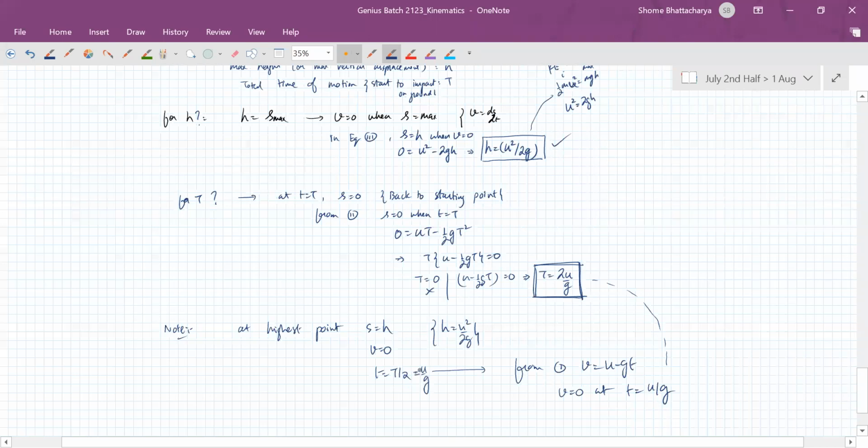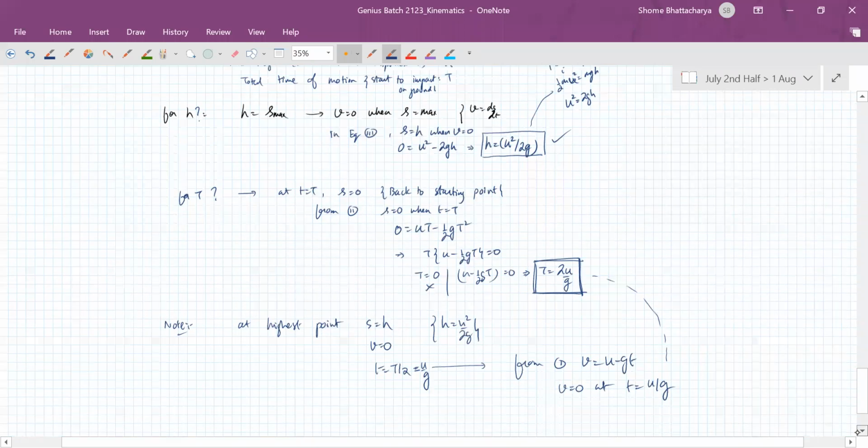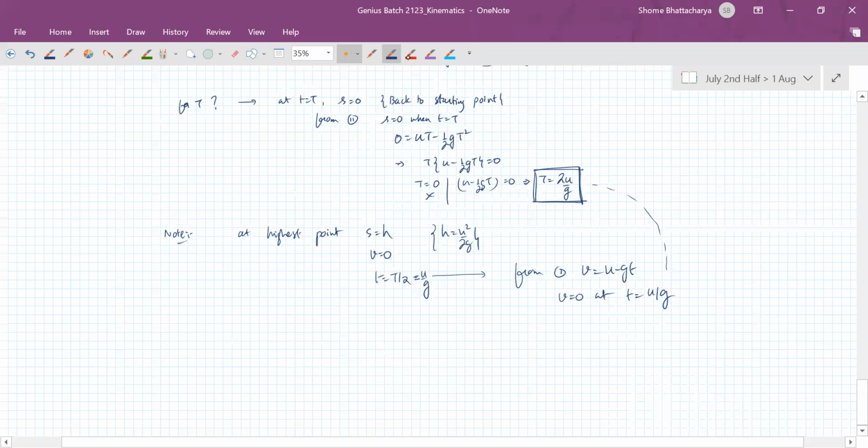So this is also an easy way to remember the total time of flight, because from this equation you can see the velocity is becoming 0 at u by g. So that's the time taken to go up. Now the time taken to come down will be the same, so the total time is double of that. Okay. So this is important: at the highest point, the instantaneous velocity is 0, the time is half of the total time of the motion, and the displacement is obviously the maximum height.